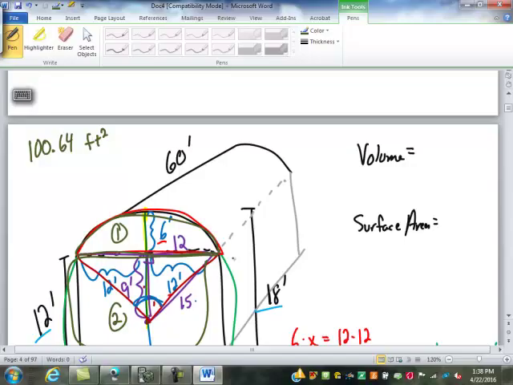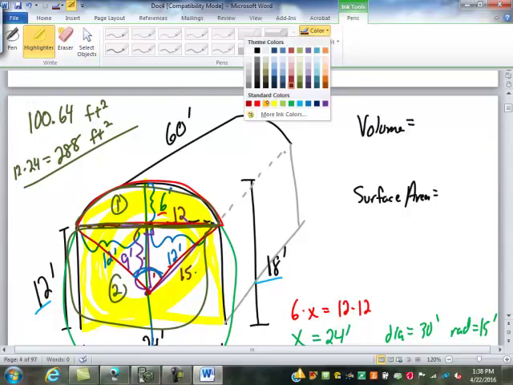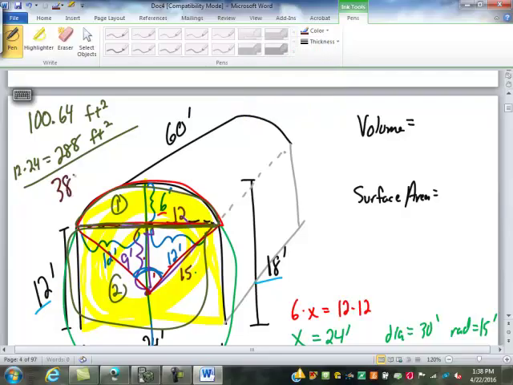How big is it? 12 by 24 is 288 square feet. So the area of the whole end of this thing is how much? 388.64 square feet.